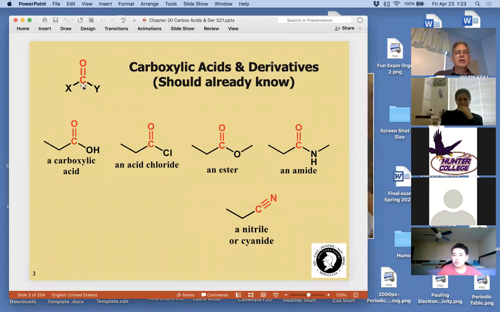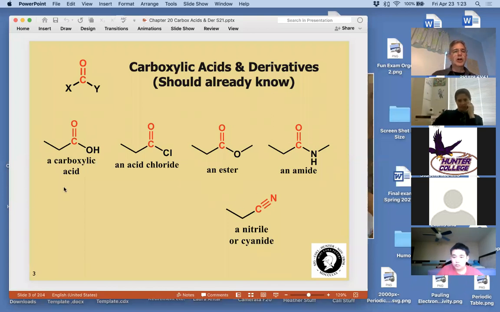On the top here is what I would consider carboxylic acids and their derivatives in the broadest sense. It's a carbonyl group with two things attached, at least one of them is not hydrogen or carbon, and the other one is about anything.